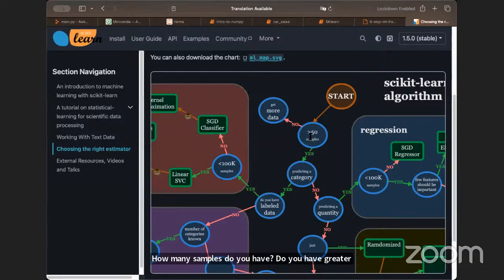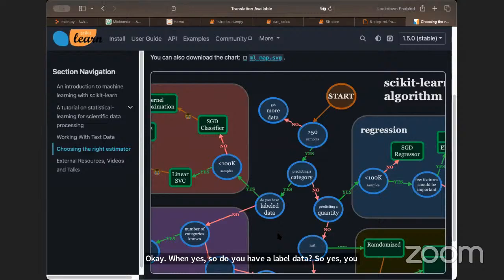Yes, we had 300 there. If you didn't have that, it would say get more data, that is not enough. Then, are you predicting a category? We are predicting disease, so it lies into some sort of category. Yes. Then, do you have labeled data? Yes, you have labeled data.